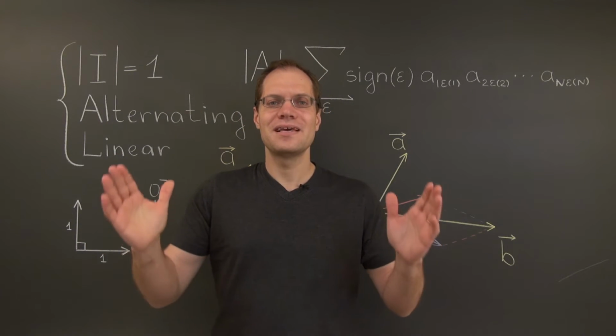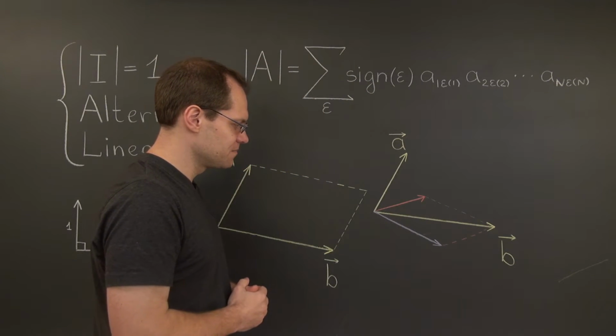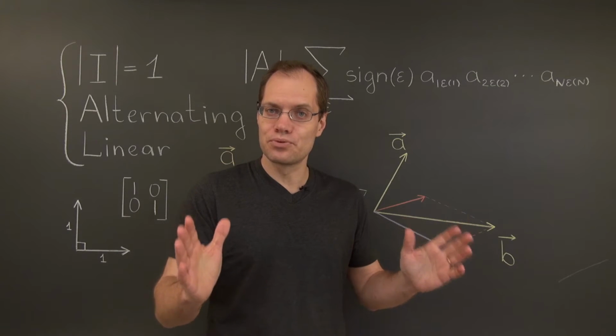What's left now is the other part of linearity, that deals with the sum of two vectors. And here's what we would need to prove.